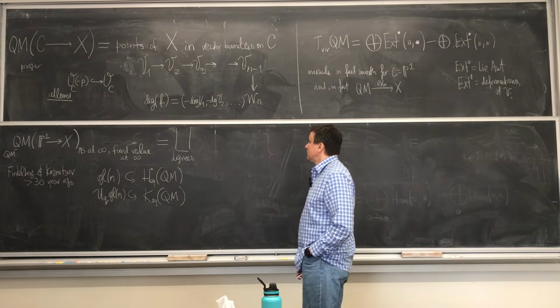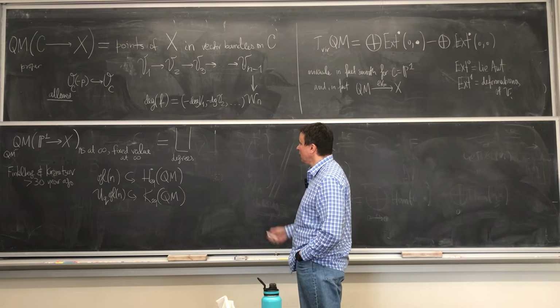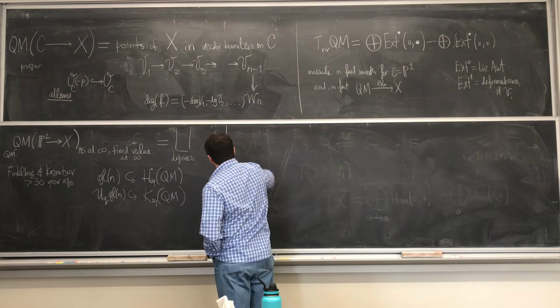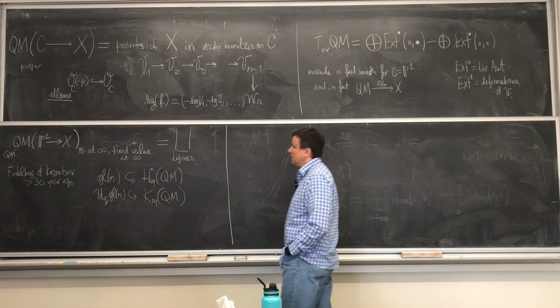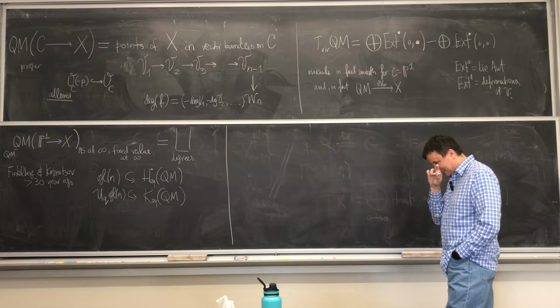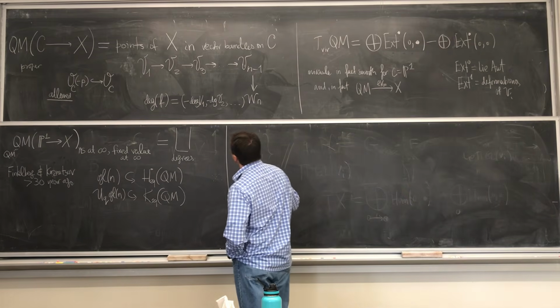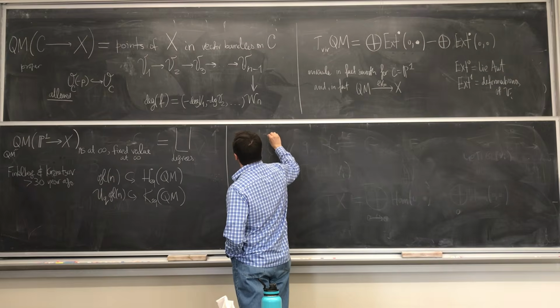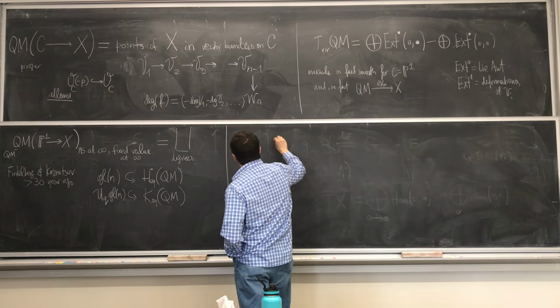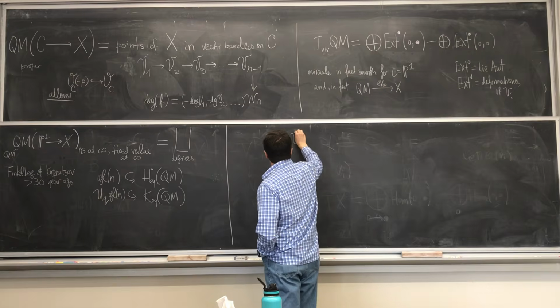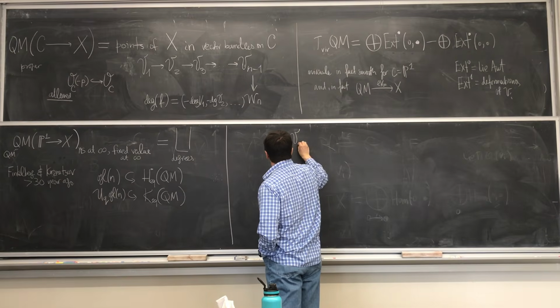And so how is this constructed? One way to construct it is that one can look at the locus where I have one of these Quasimaps, and I'll denote it V dot.